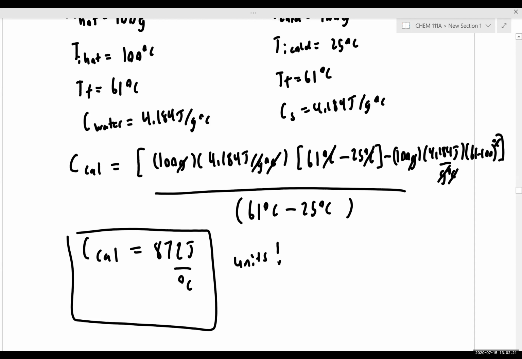When you entered your data into your own calculator, did you get a similar result for the heat capacity of your calorimeter? Is this making sense so far, how to calculate the heat capacity of your calorimeter?